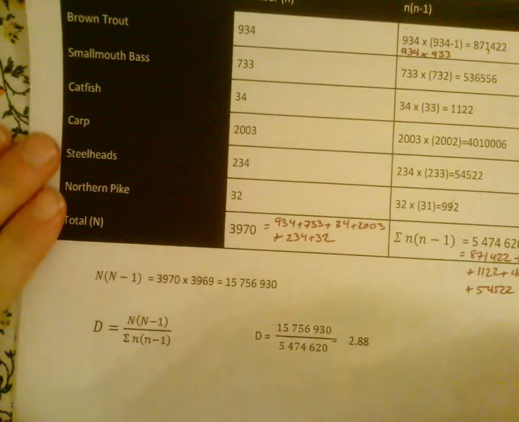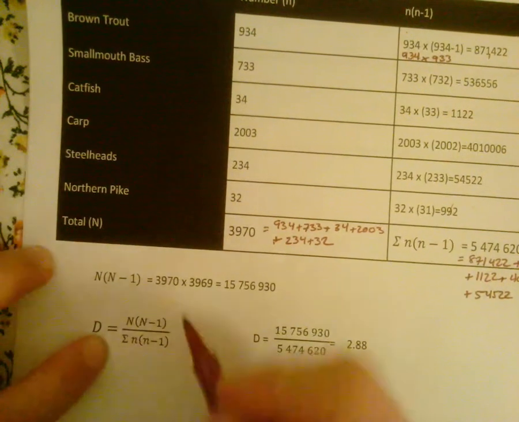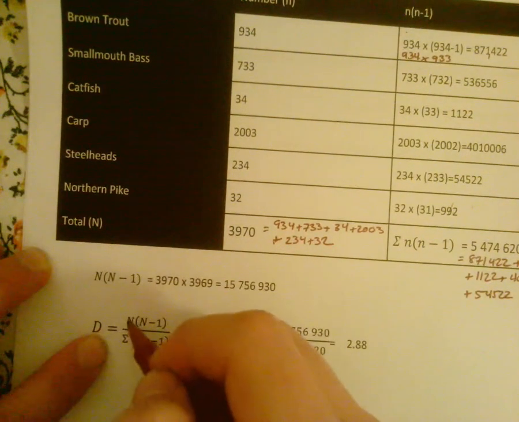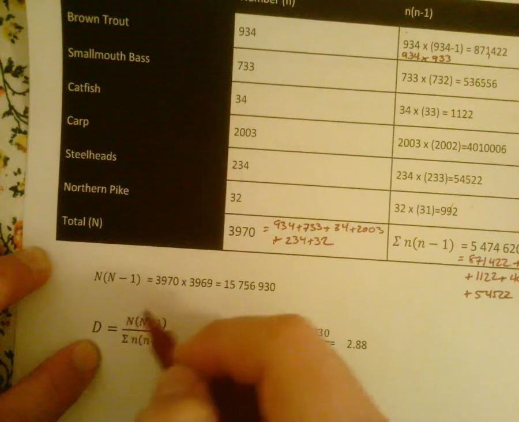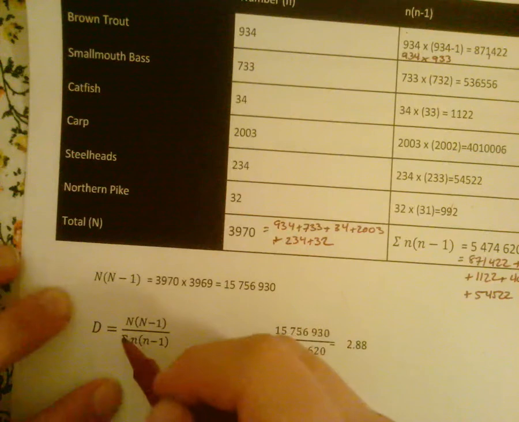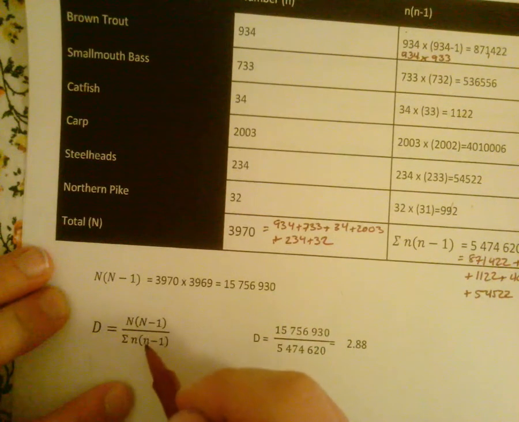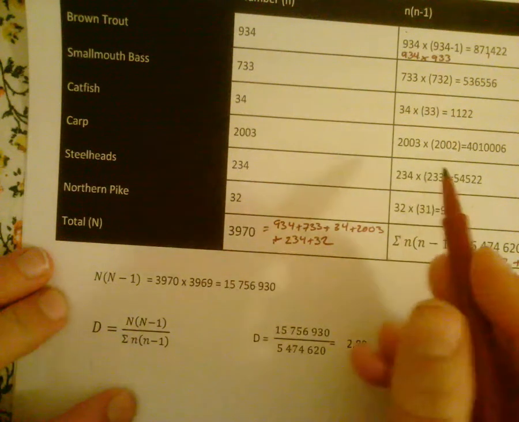So we have here, okay, again as a reminder, our D equals now capital N, which was the total number of individuals of all species, times capital N minus 1, divided by the sum of lowercase n times lowercase n minus 1. So looking at those numbers we just calculated in our third column here.